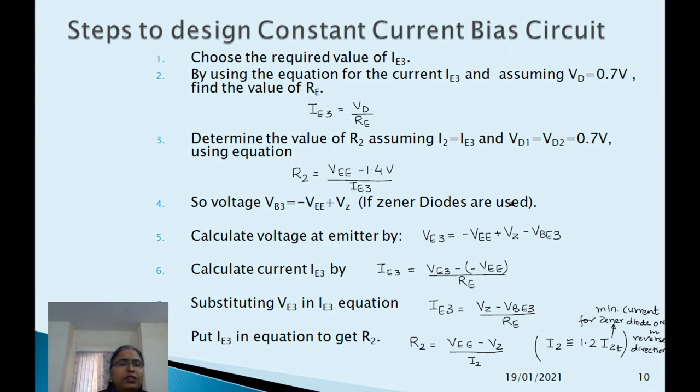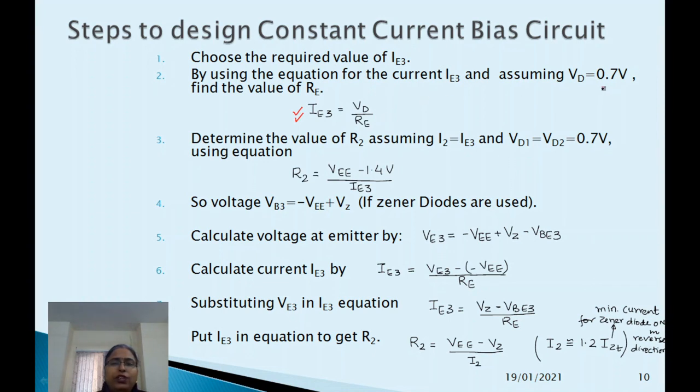Now for the overall design of the constant current bias, these are the simple steps. I am just covering it. First of all, we have to choose the required value of IE3 for the circuit. Then, by using the equations we have derived and analyzed, IE3 is VD upon RE.